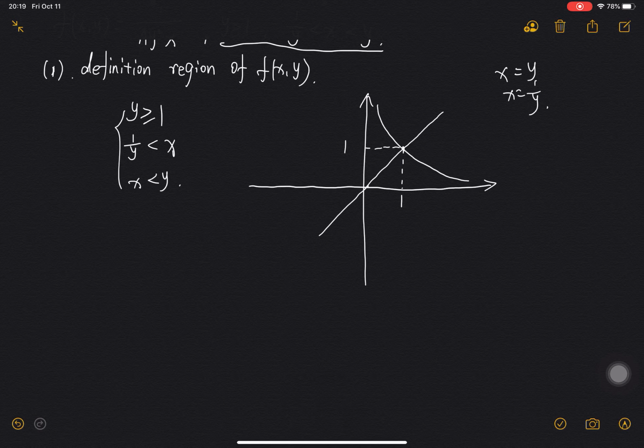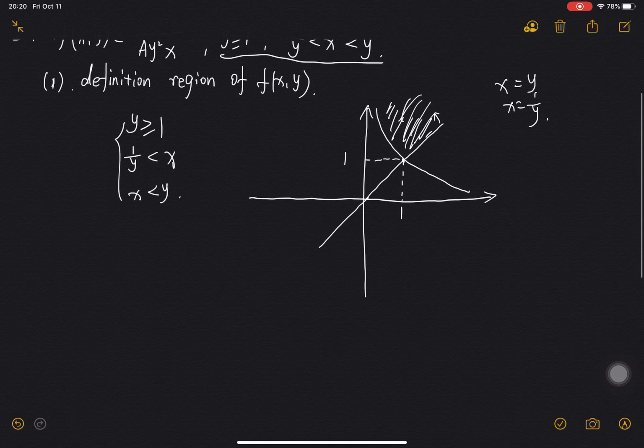So we know that y is larger than x, so it's this direction, and x is larger than 1 over y, so it's this direction. So we know this part is the definition region of f(x,y).